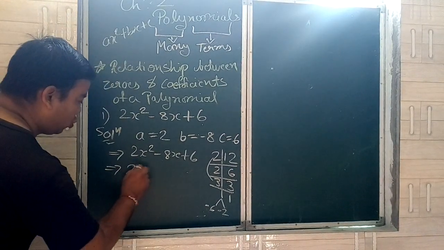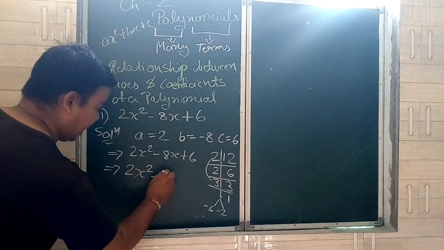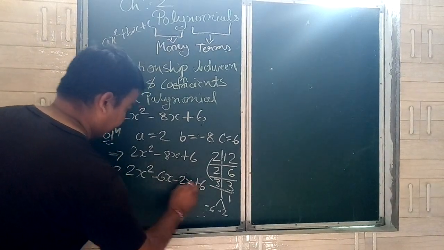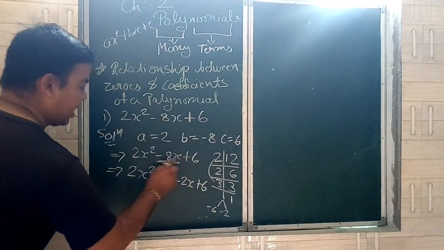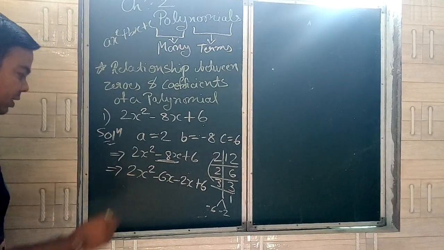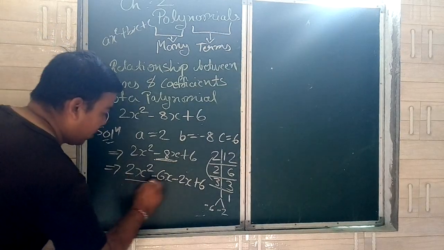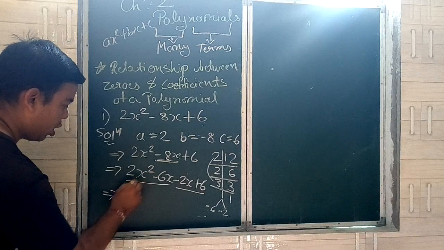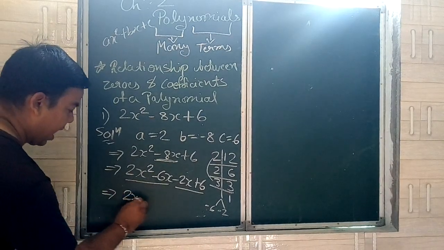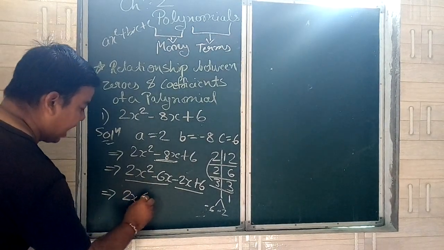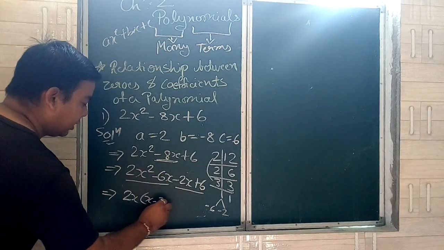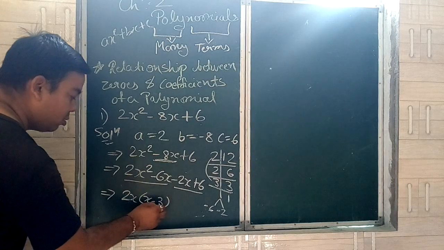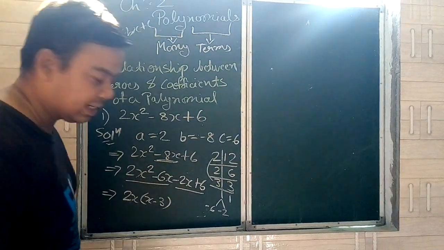We split by the split up method: 2x square minus 6x minus 2x plus 6. We split minus 8x into minus 6x minus 2x. Now we take the common factor: 2x is common. 2x into x minus 3: 2x square minus 6x.